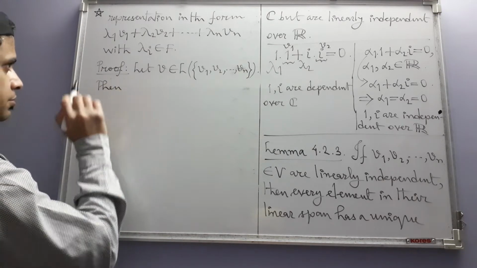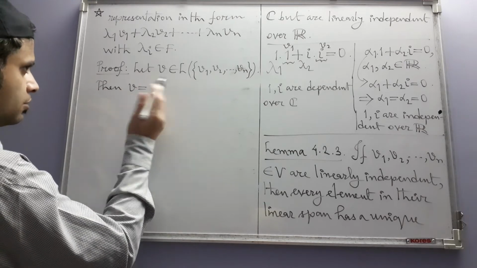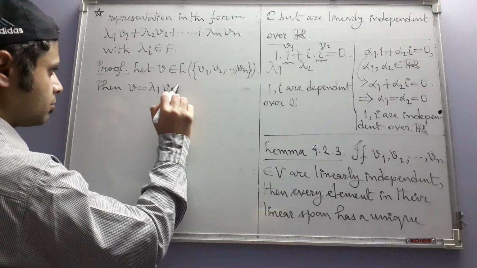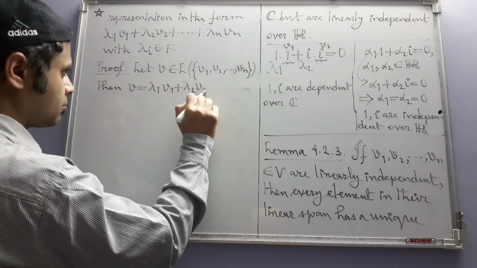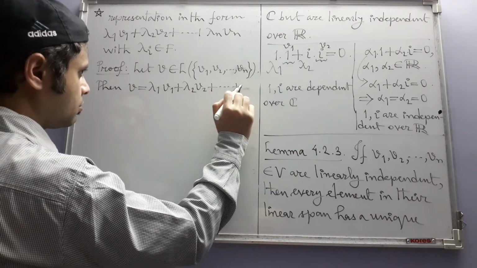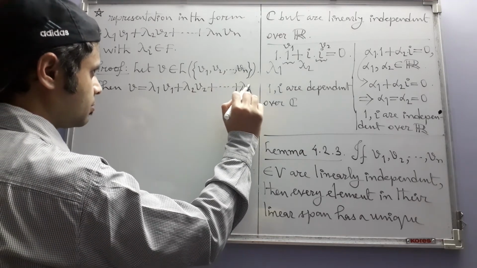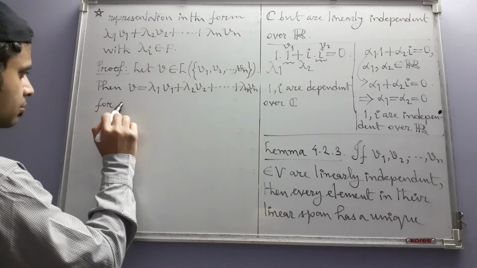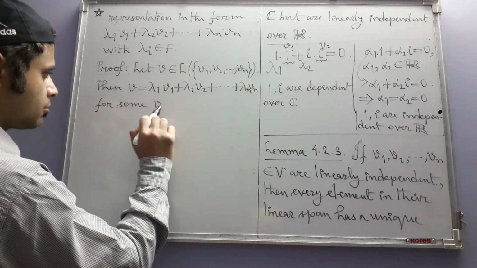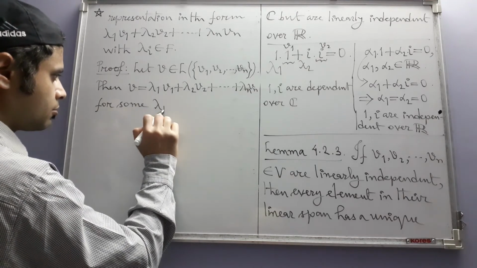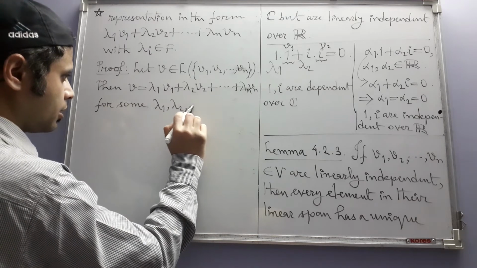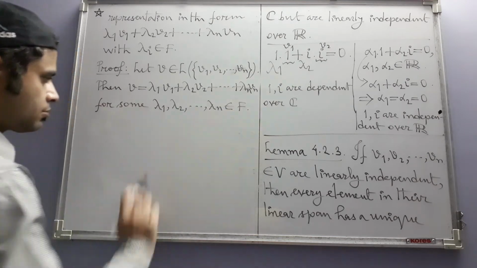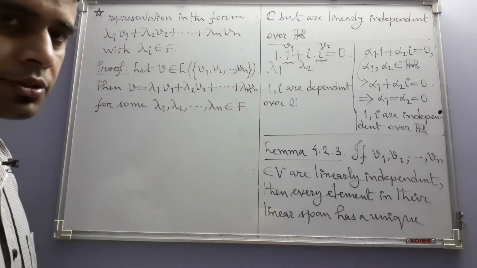Then, by the definition of linear span, v is expressible in this form, for some scalars lambda 1 to lambda n.